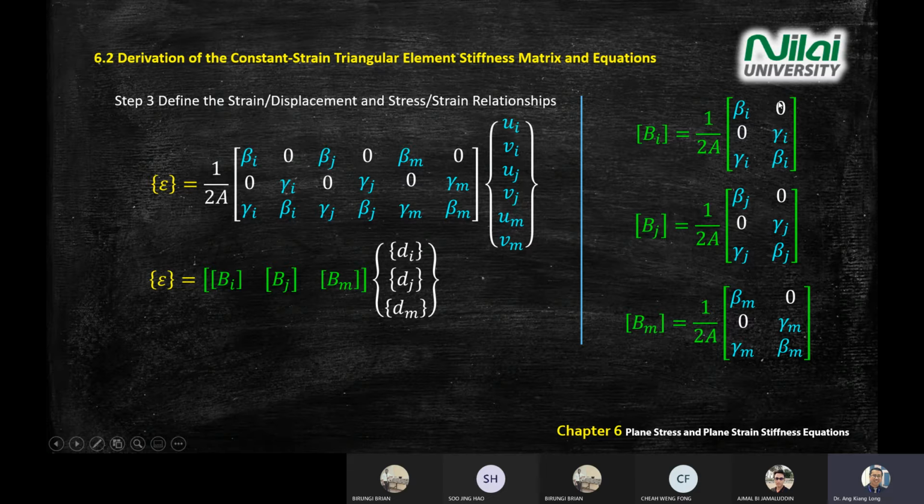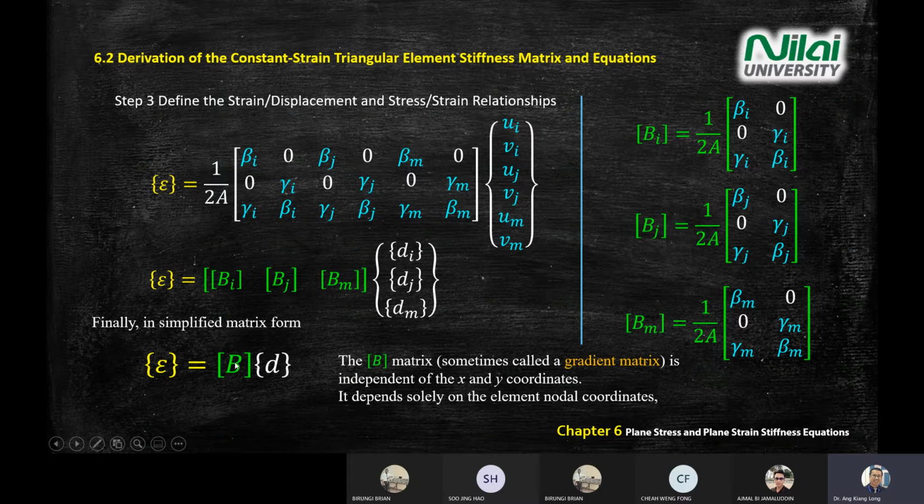You substitute inside here, and then you put into the beta form. Okay, you put in beta form because beta equals 3 matrices, and you just need to substitute the value that you calculate inside these 3 matrices, and then you rewrite in the matrix form. You will score a point for B matrix.